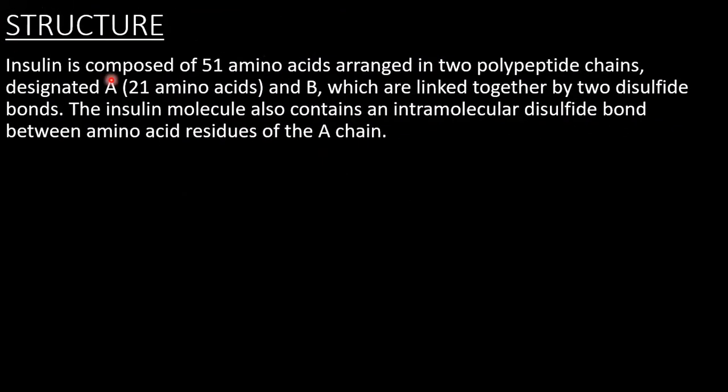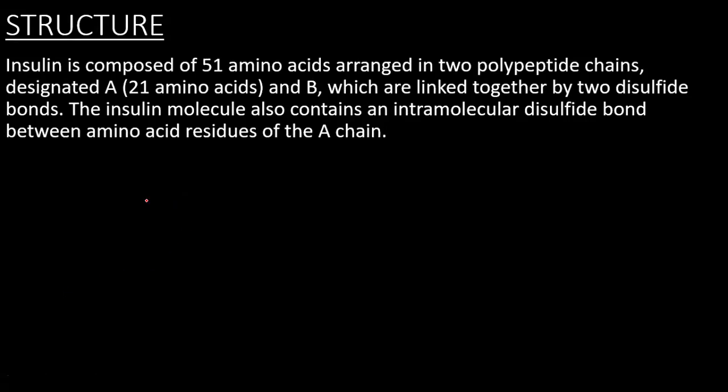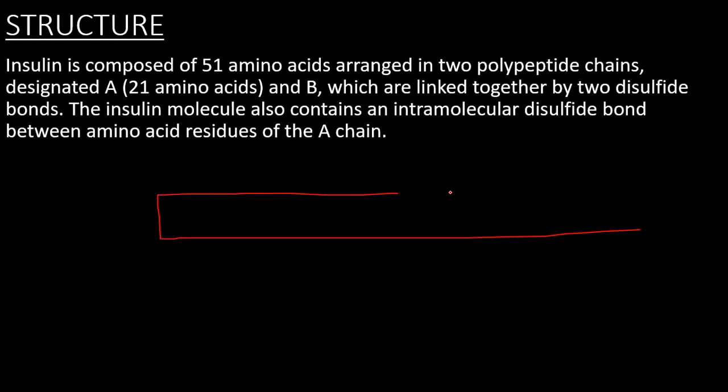Now, the structure of insulin. Insulin is composed of 51 amino acids, which are arranged in 2 polypeptide chains.